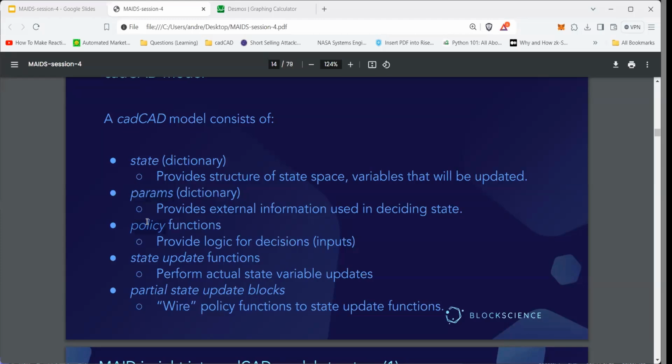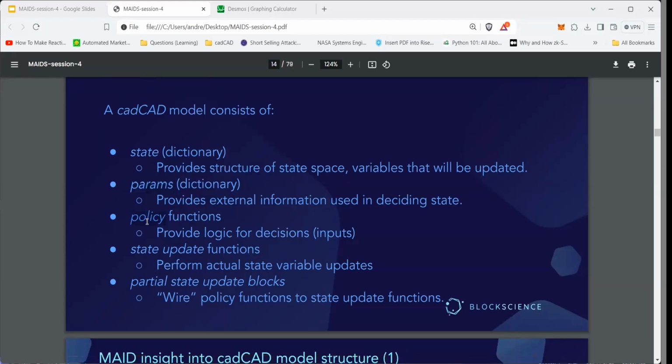With policy functions, which are used to turn current state and parameter information into information that can then be used to actually update the state through state update functions. And these policy functions and state update functions are combined into partial state update blocks, which tell us how states are updated, in which order, and which policies are used in updating those states.